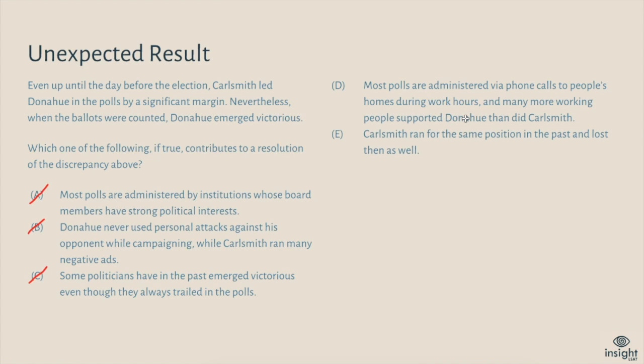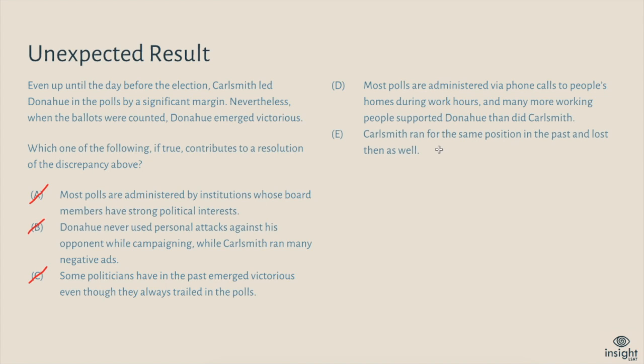This looks pretty interesting, because if the polls said that Carl Smith was leading, but that's because the pollsters never talked to a lot of Donahue supporters who were at work when the phone call came at home, that would be a reason why the polls would be inaccurate. Okay, this one does contribute to a resolution of this odd situation.